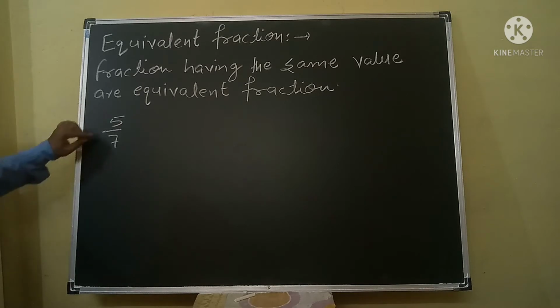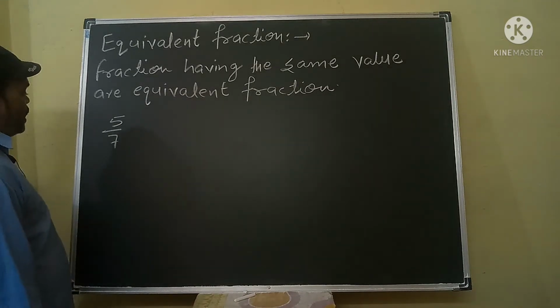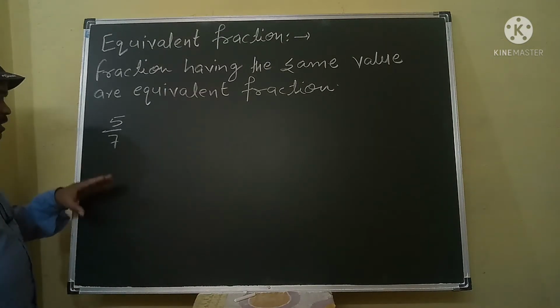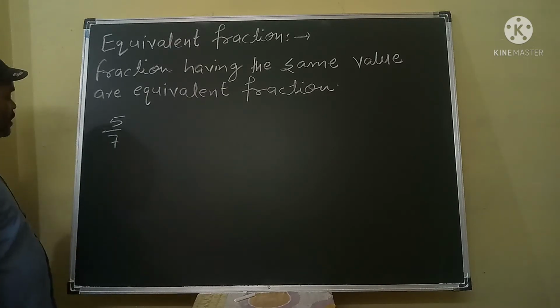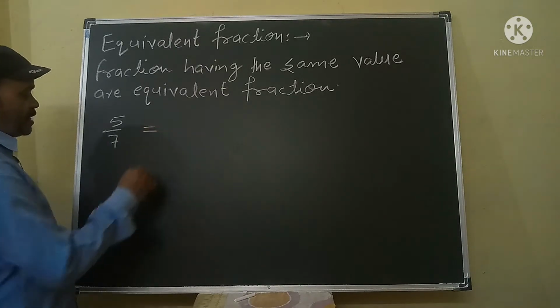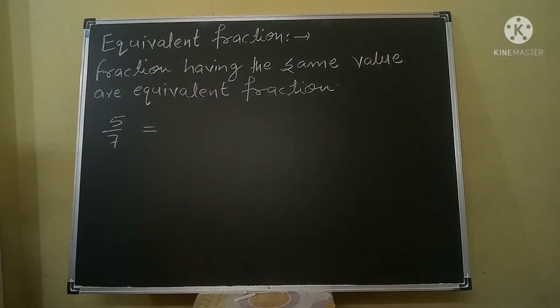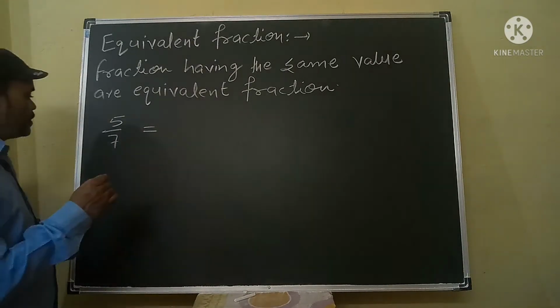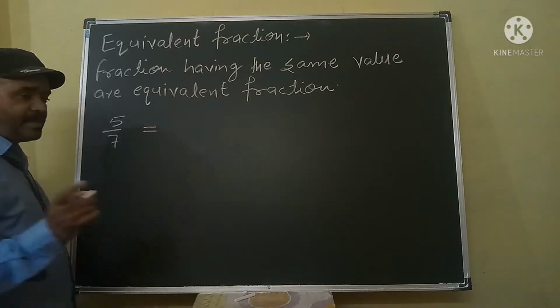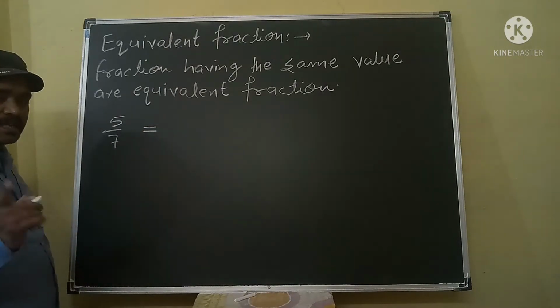In this fraction, 5 is the numerator, 7 is the denominator. Okay, and how can you find the equivalent fraction of 5 upon 7? So what will you do? Suppose you take any one number. It is your choice. Suppose I am taking 2.